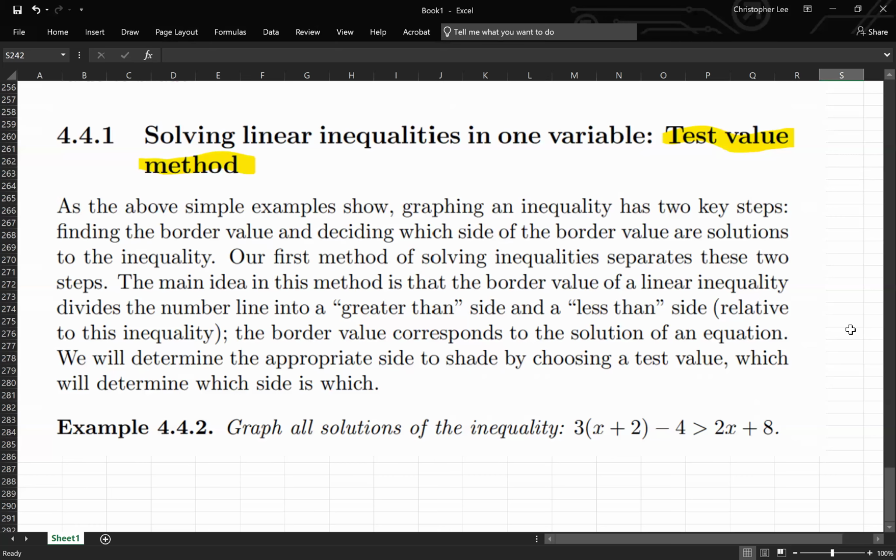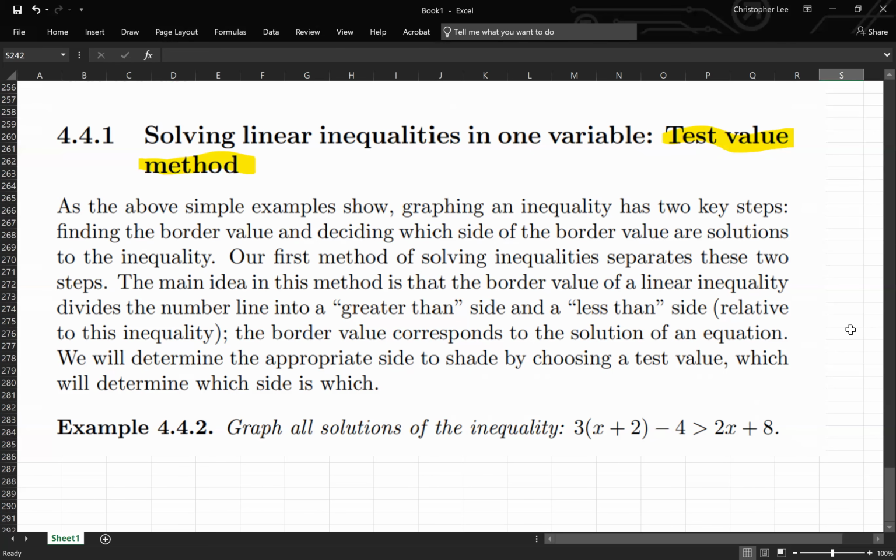The main idea in this method is that the border value of the linear inequality divides the number line into a greater than side and a less than side. Relative to this inequality, the border value corresponds to the solution of an equation. So we will determine the appropriate side to shade by choosing a test value, which will determine which side is which, right?